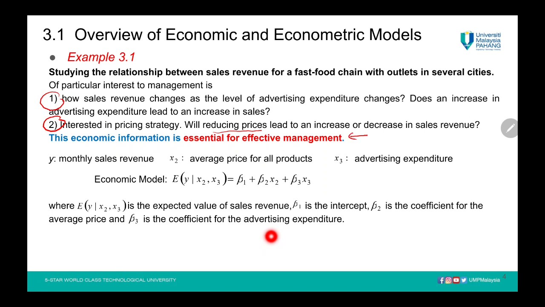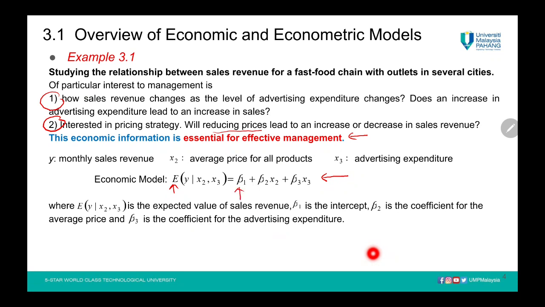For this example, the economic theory is that the average sales revenue is linearly related to the price of products and advertising expenditure, where the economic model that we can construct is given by this equation, where E is the expected value of sales revenue.